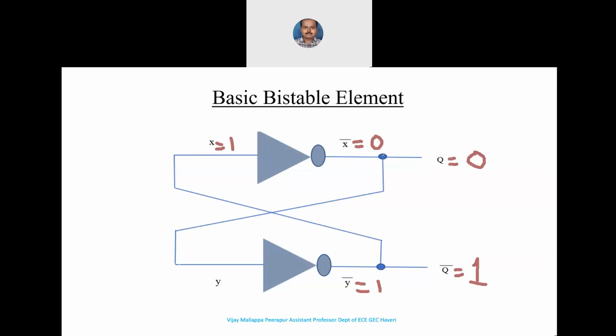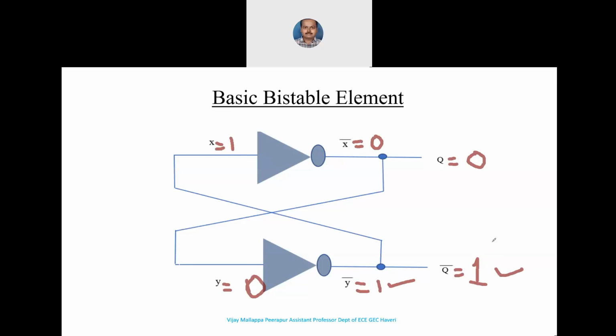Now the output is connected as an input to the second NOT gate, so that Y is 0. Since Y is 0, what will be Y bar? It is 1 and Q is 0. It means that when X is 1, the Q is 0 and Q bar is 1.